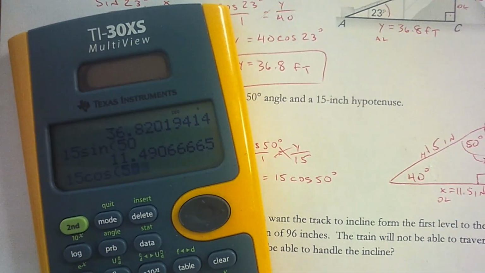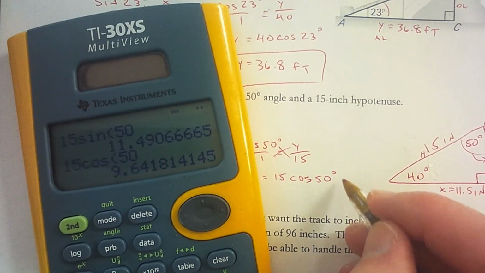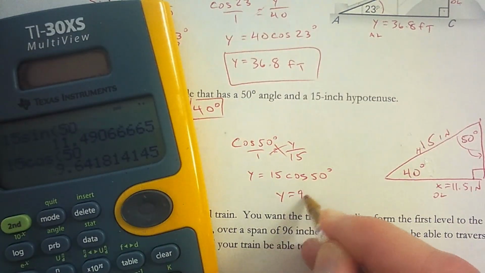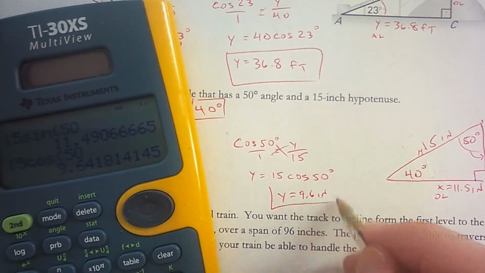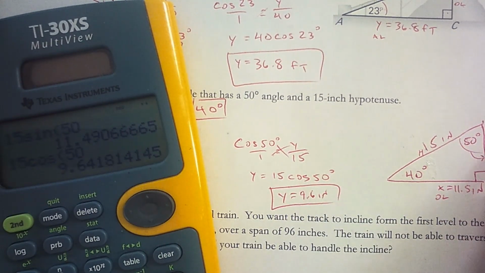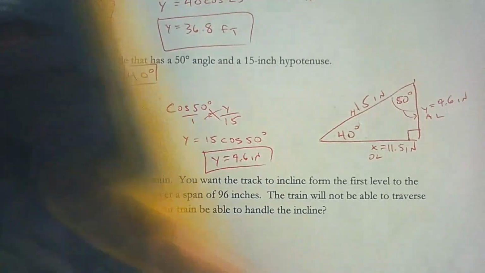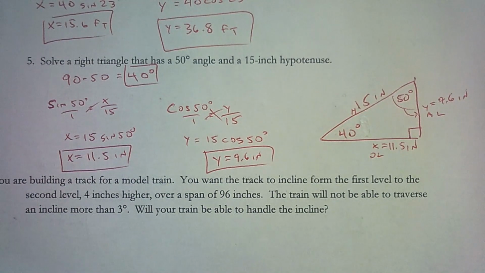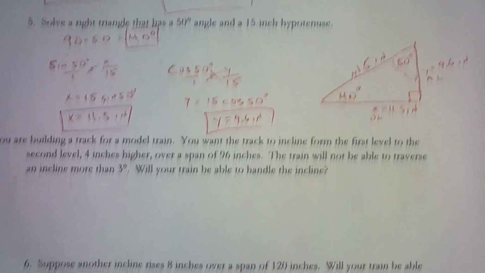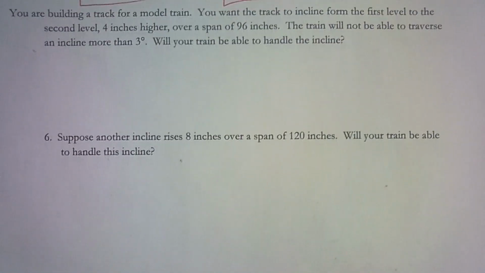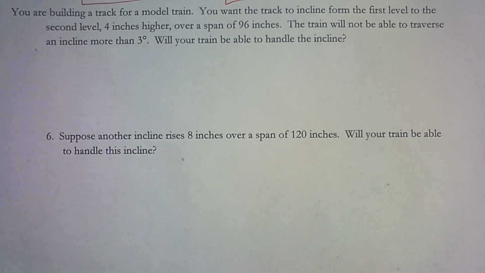So 15 cosine 50 is 9.6. So we have 9.6 inches right here. Okay, and we now know all three angle measures and all three side lengths, so we have solved the triangle.